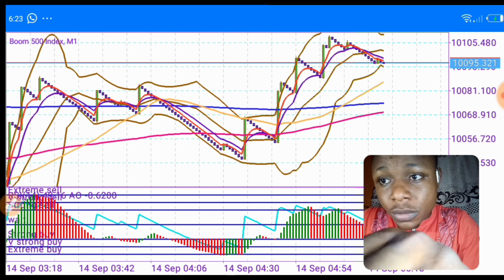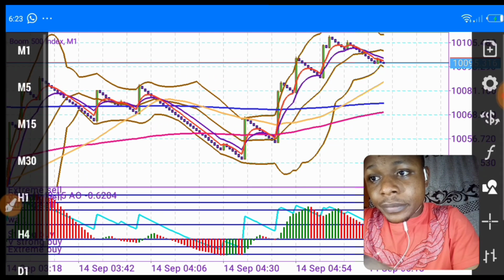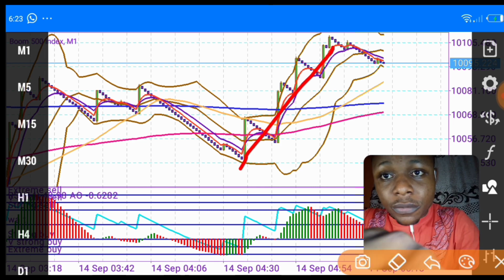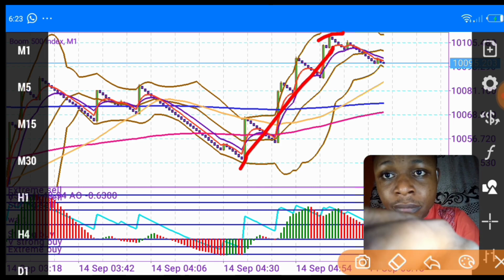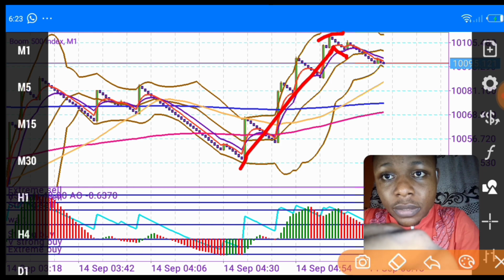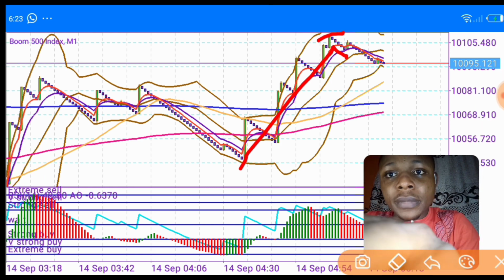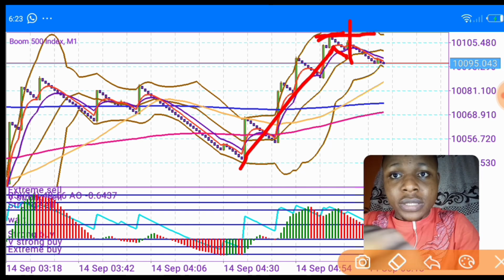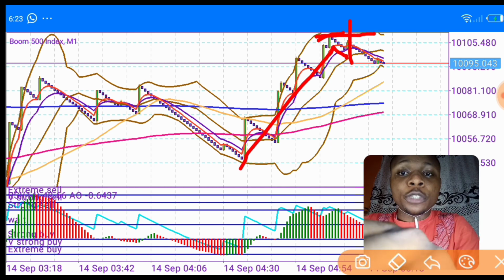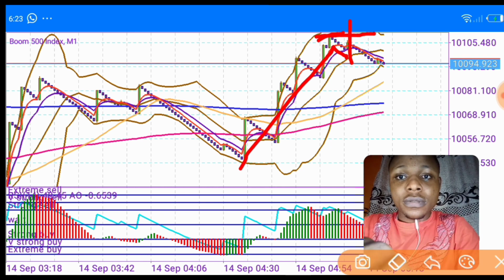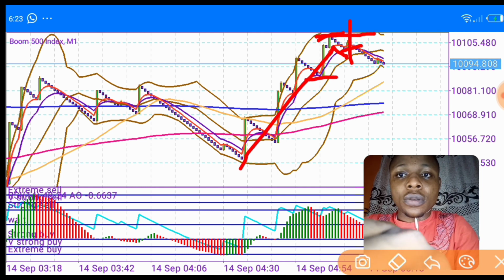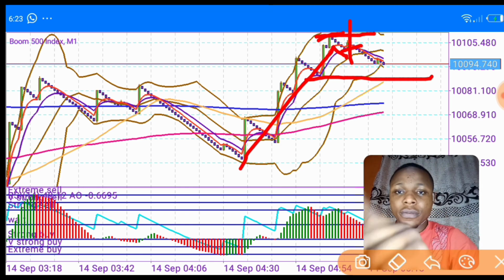The trend was an uptrend from here, then got to this level and reversed, which is a pullback. The normal thing it should do is continue the trend, but it didn't get to the previous resistance before showing another red candle. So here you can enter a sell and expect it to at least sell up to this level before spiking up again.